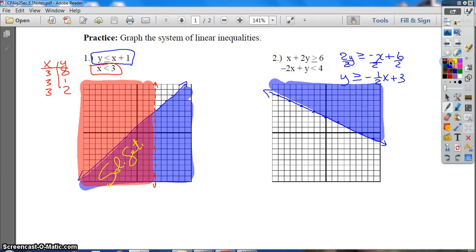Let's go ahead and talk about this one. I'm going to move over the 2x. It becomes positive, so this is 2x plus 4. Y is less than that. So we're going to go up to 4, and then we're going to have a slope of 2. That's going to be a dashed line.